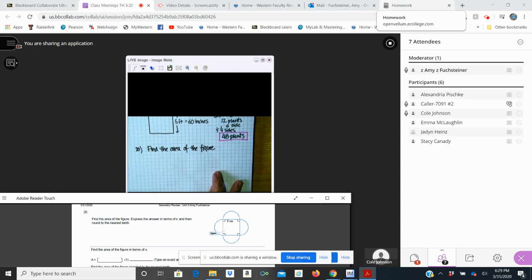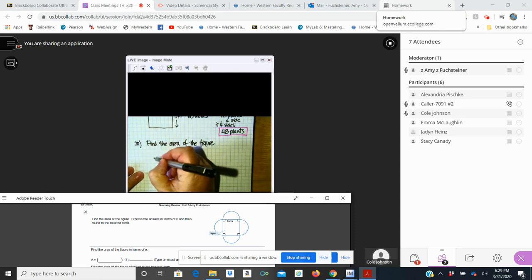Okay, 20 says to find the area of the figure. And this is your shape.